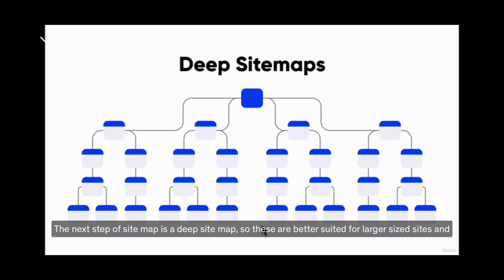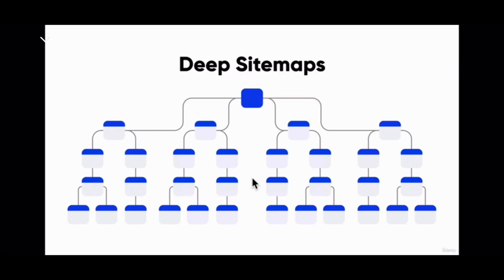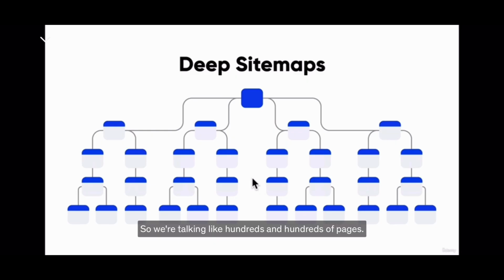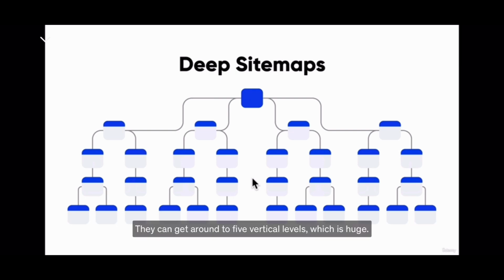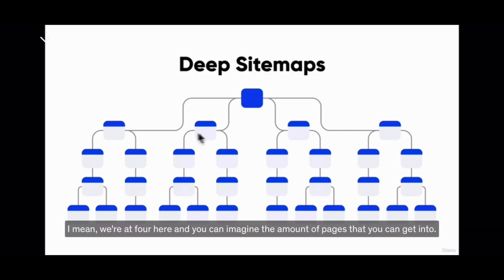The next type of sitemap is a deep sitemap. These are better suited for larger sites, and they help house a lot of information. So we're talking hundreds of pages, maybe like a government website, maybe a huge e-commerce website. They can get up to 5 vertical levels, which is large.